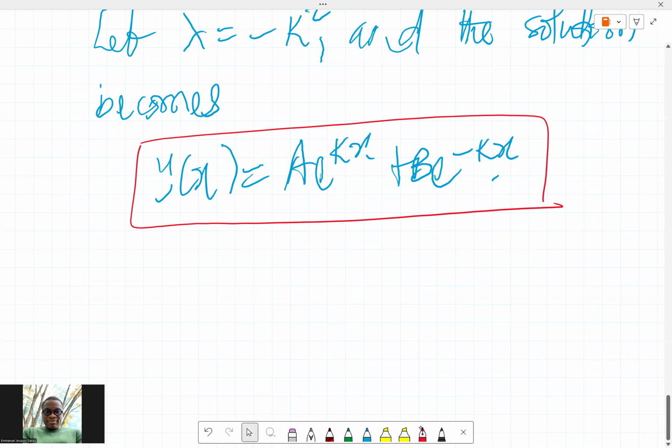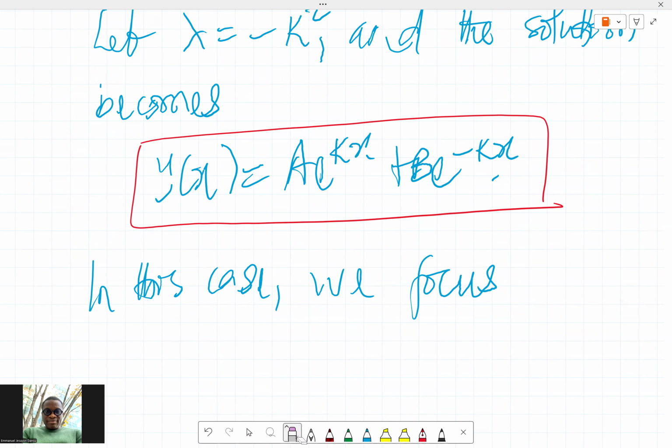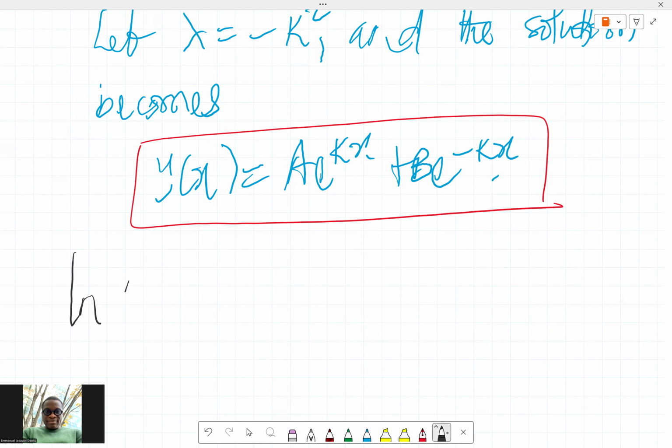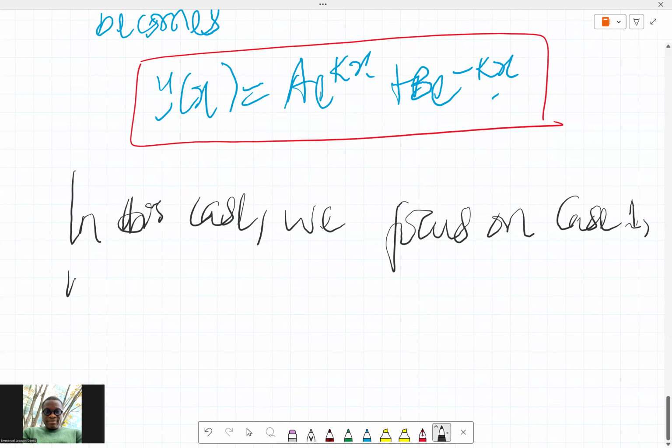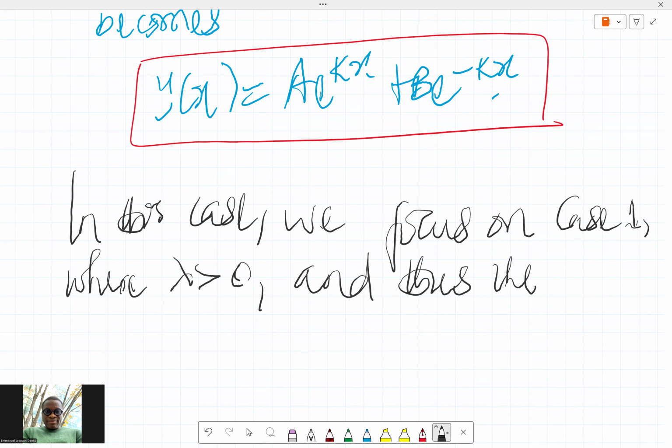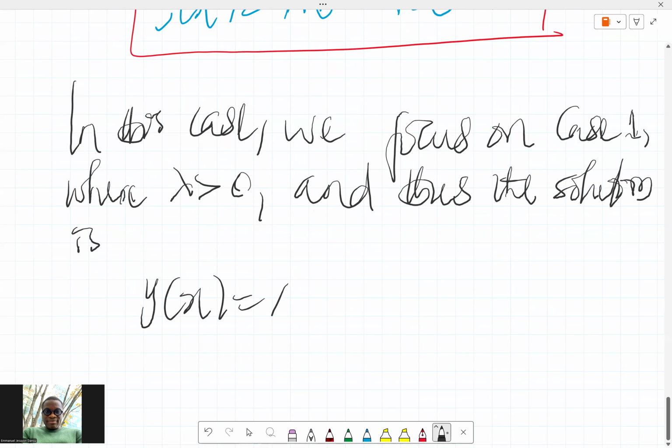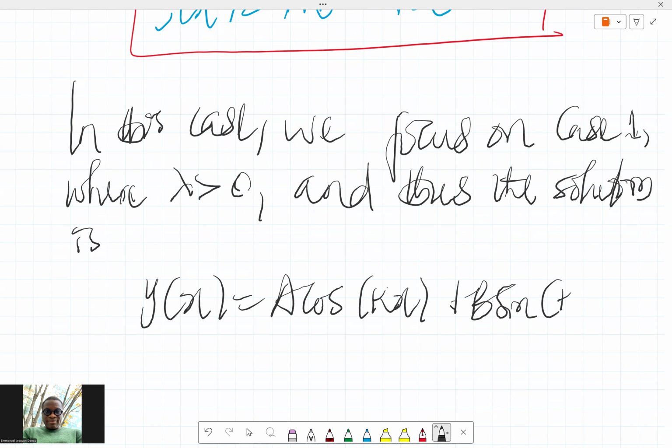Now, with all of this out of the way, in this case, we focus on case 1, where lambda is greater than 0, and thus the solution is y of x equals a cos kx plus b sine kx.